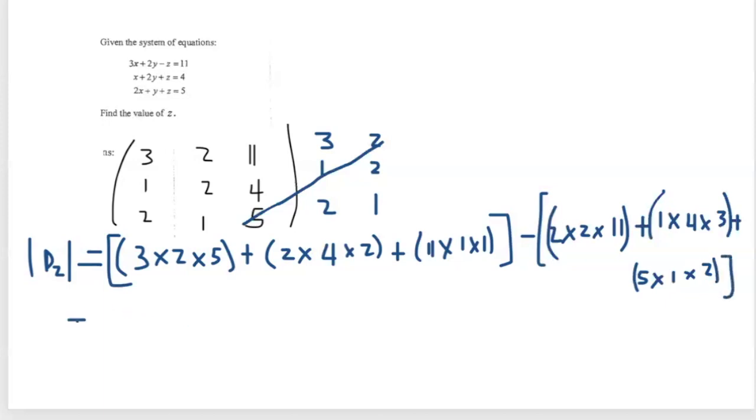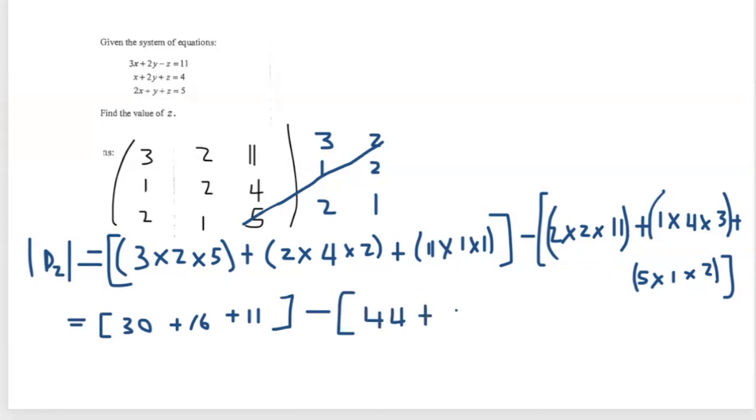So therefore, 3 2's are 6, 5 6's are 30, 4 2's are 8, 2 8's are 16, and in the last bracket, you multiply to get 11. Minus the next, we have 2 2's, 4 times 11, that's 44.